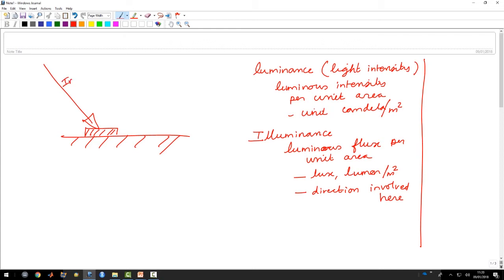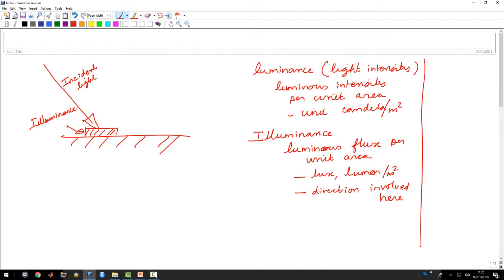This is measuring the illuminance, that is, measuring the lux. How much amount of light is falling onto the surface per unit area.